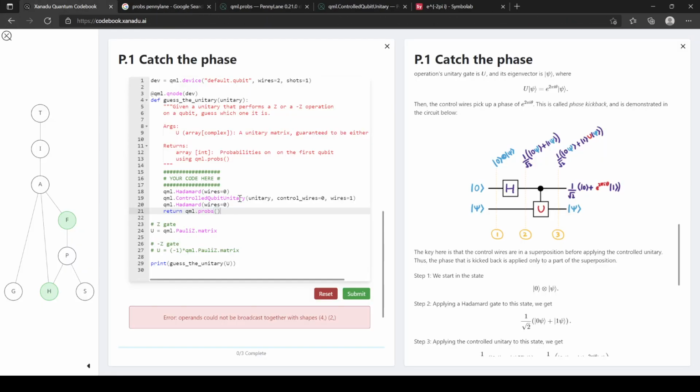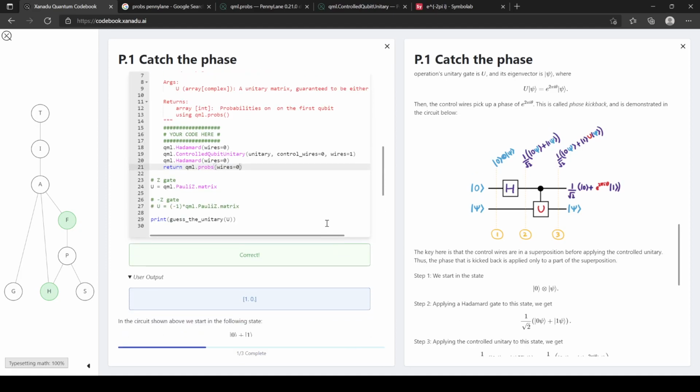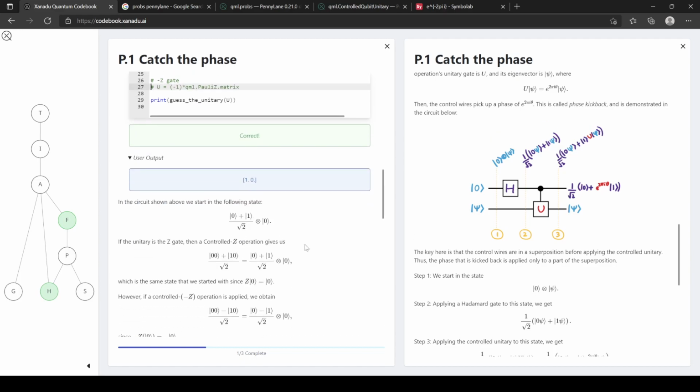Oh yeah, I can just do wires equals 0. All right, there we go. Would you look at that? Now, if we wanted to try with this, oh right, I can't change it. Okay, well.